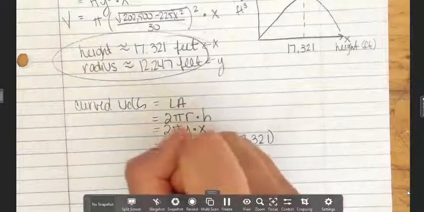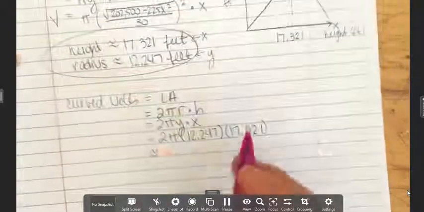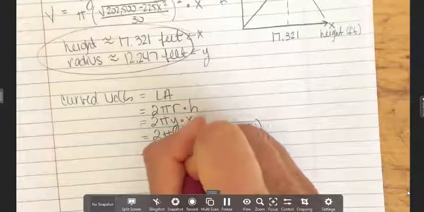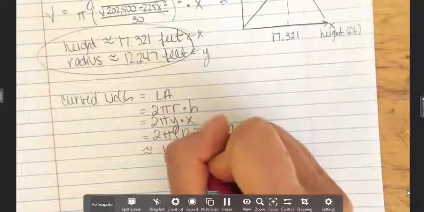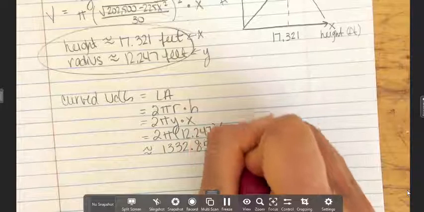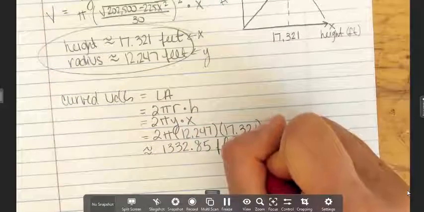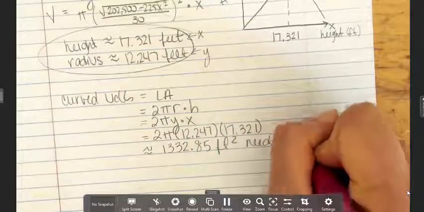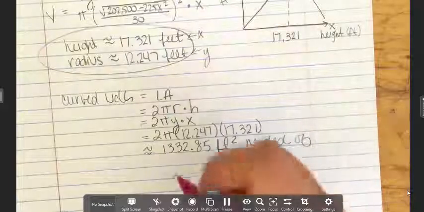And when you do that, this is an approximation because I rounded those. You're going to have 1,332.85 square feet needed of heavy plate steel.